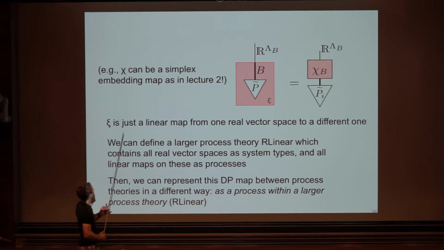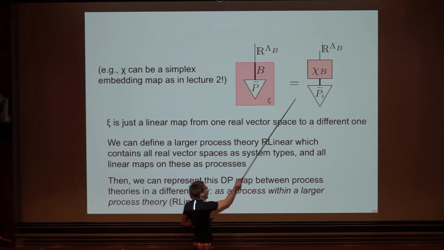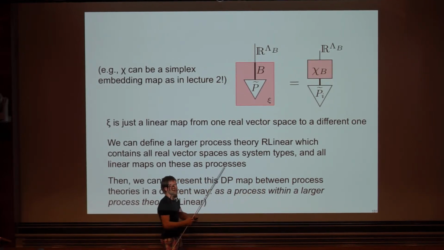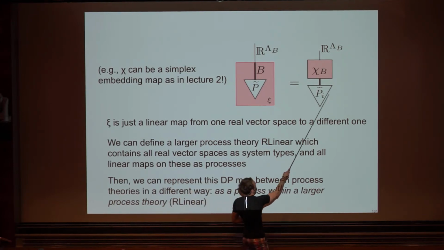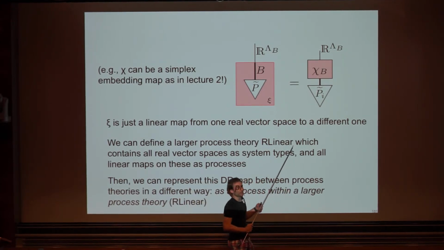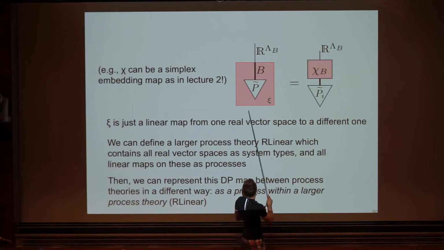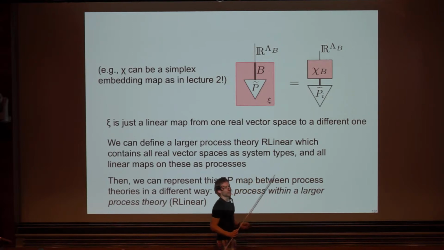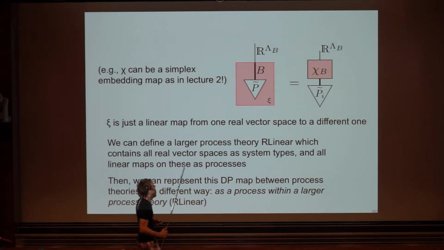And just a cute thing to note, this chi map here is really just the simplex embedding map that was in the definition of simplex embedding of a GPT. If you can find such a map where everything is positive, then it's just an instance of a simplex embedding map, because it takes your GPT states and maps them into valid epistemic states and response functions.